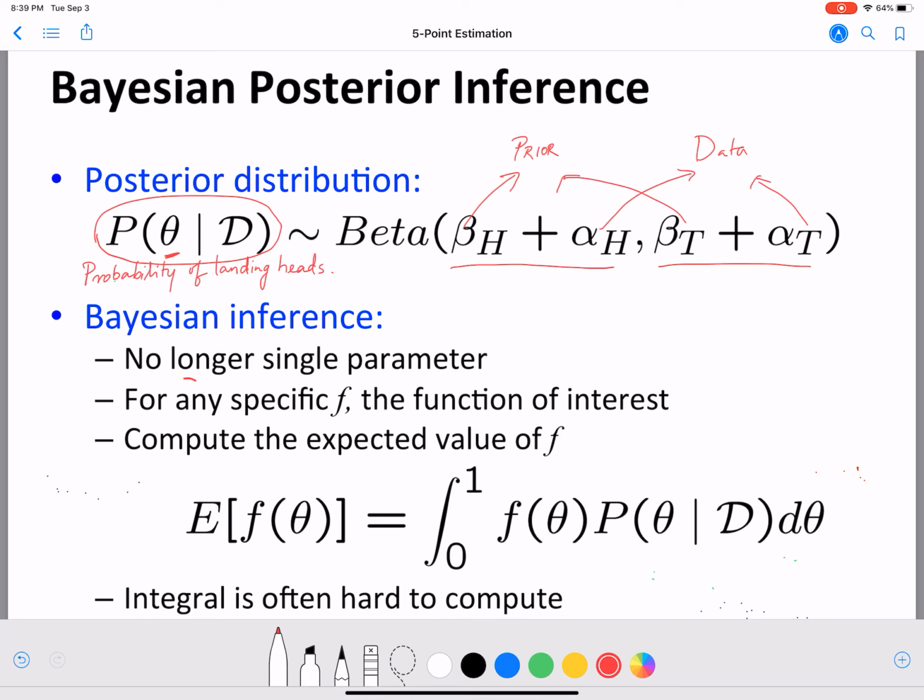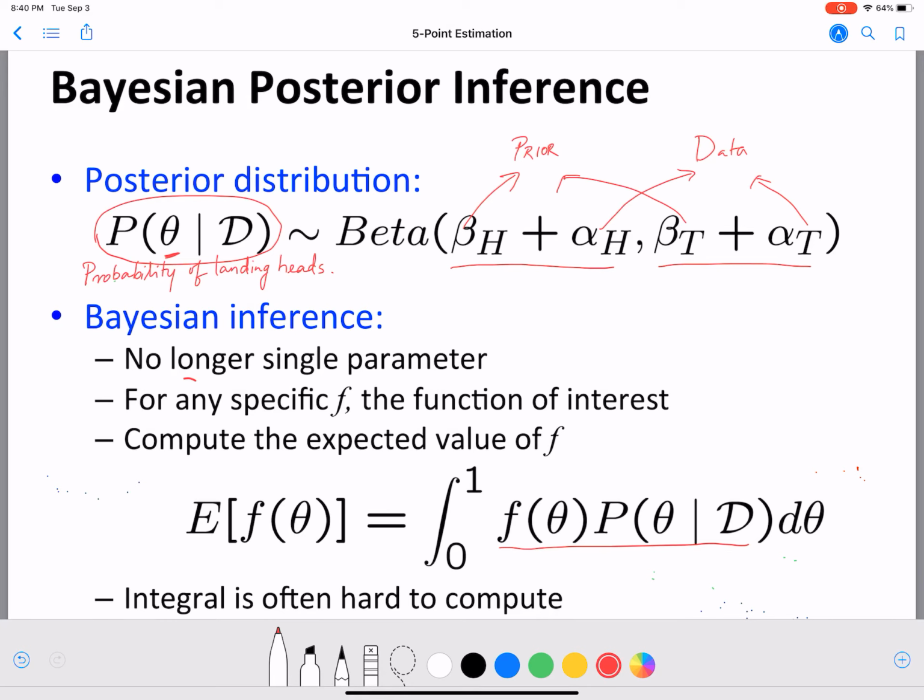And how do we calculate the expectation of something under a distribution? Theta we know is distributed according to the posterior, p of theta given d. So to calculate the expectation, we integrate from 0 to 1 f of theta, p of theta given d, d theta. This just follows from the definition of expectation.